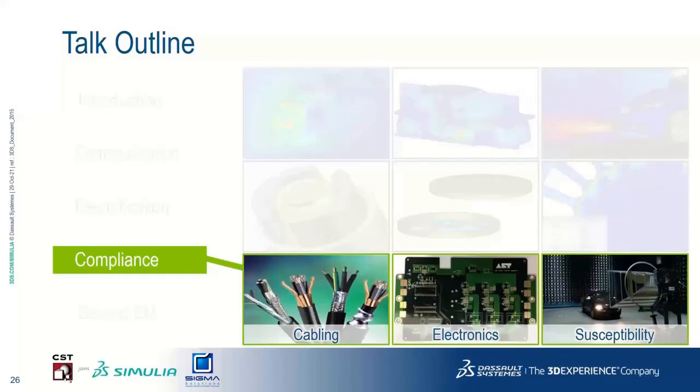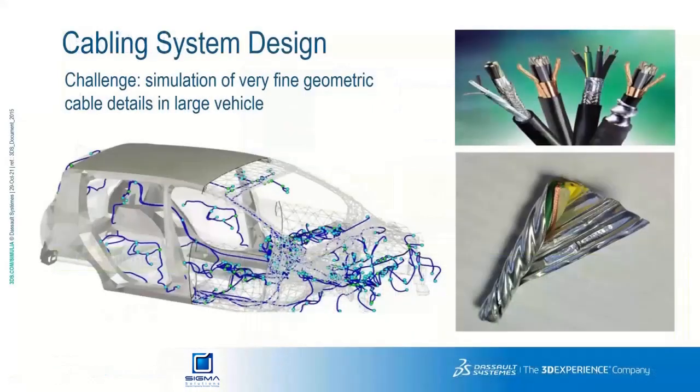That is typically the thing introducing the problems, and then we look at the susceptibility as well. All right. So I mentioned it in the beginning. You have a lot of cables inside the car. They're connected wildly. They're bundled together, right? And those cable harnesses, some are shielded, some may not be shielded. So this introduces a range of problems that we need to look at.